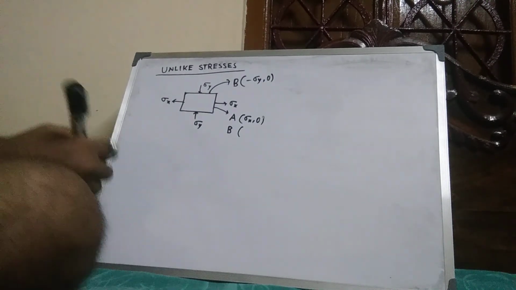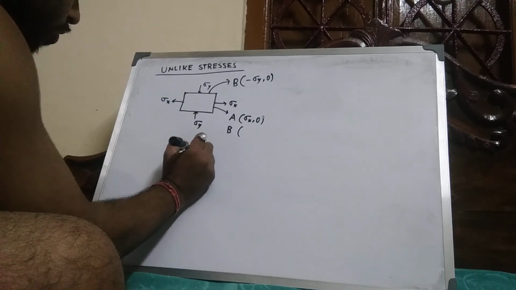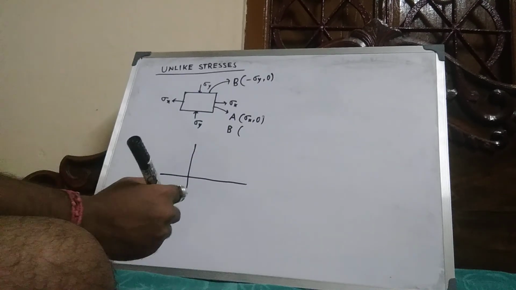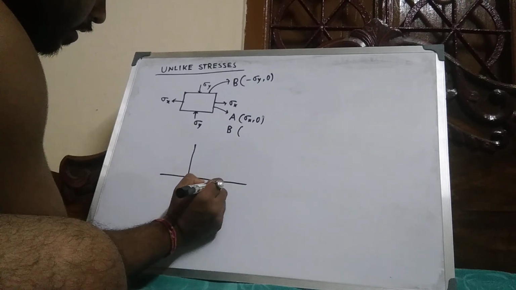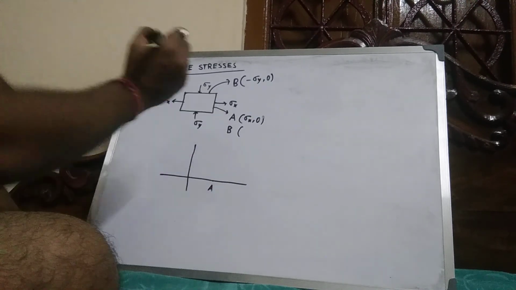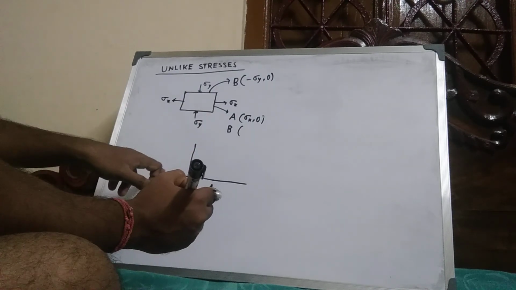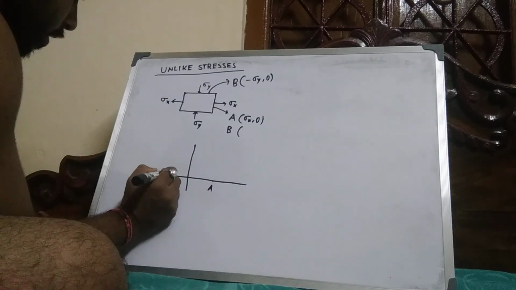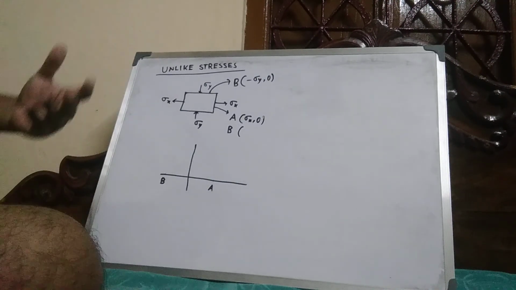Now draw the Mohr circle for unlike stresses. This is plane A and this is plane B.